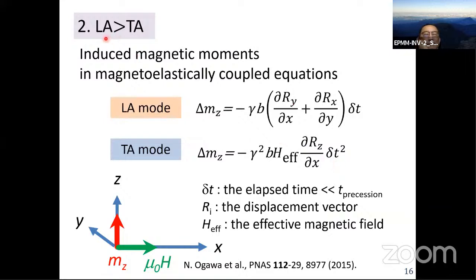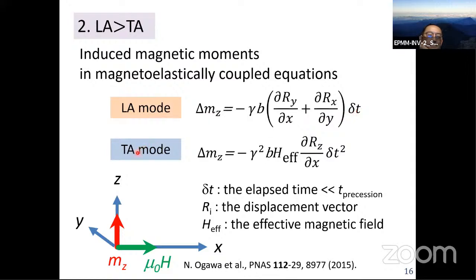Second, the longitudinal acoustic mode effect is larger than the transverse acoustic mode effect. The induced magnetic moment in the magnetoelastically coupled equations can be written as follows. In the case of the longitudinal acoustic mode, the induced magnetic moment is proportional to the elapsed time.